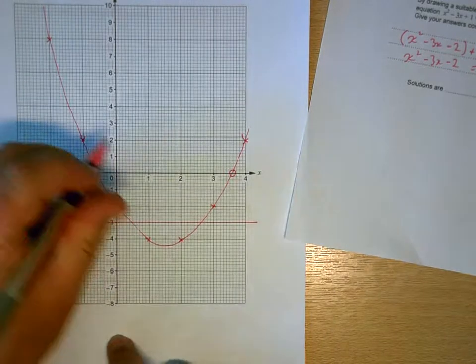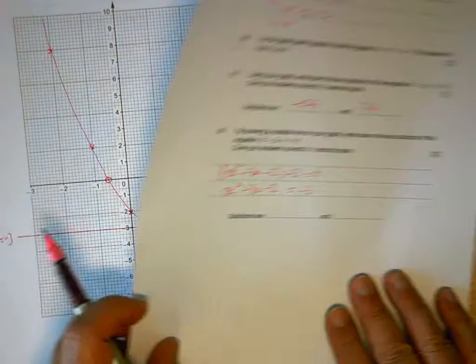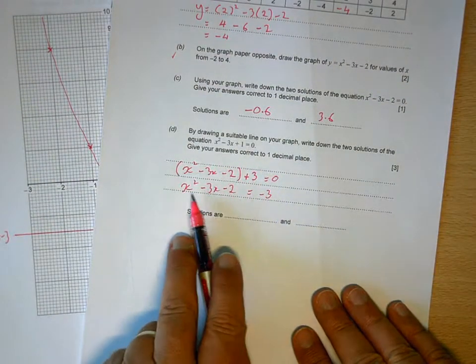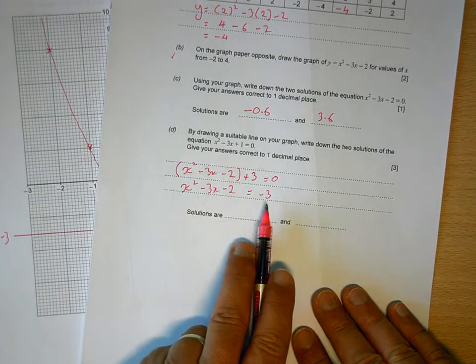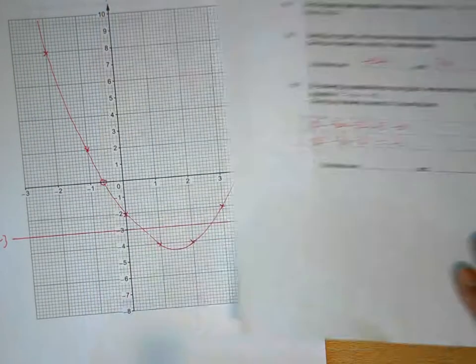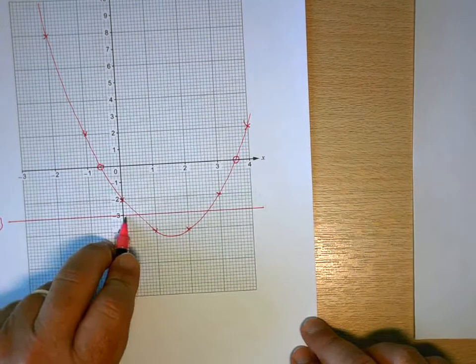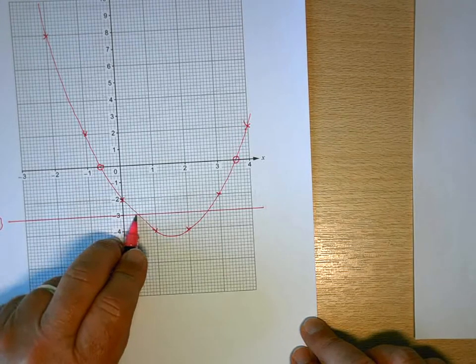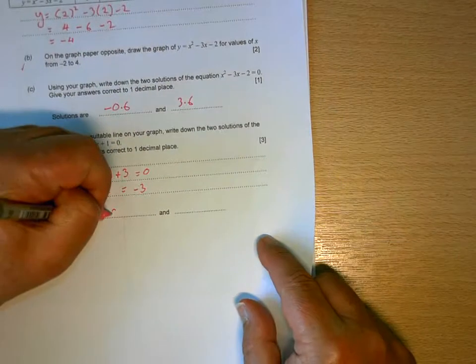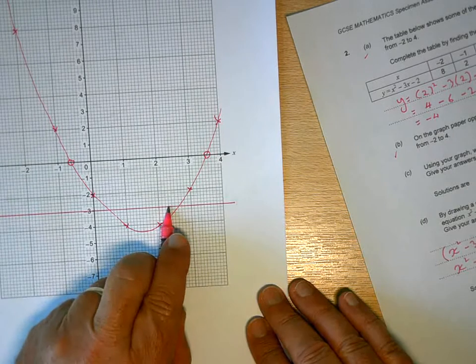So where that curve which I've drawn crosses that line, it would give me the solution to that equation. So that's going to be there, which is 0.5, and here, which is going to be 2.6.